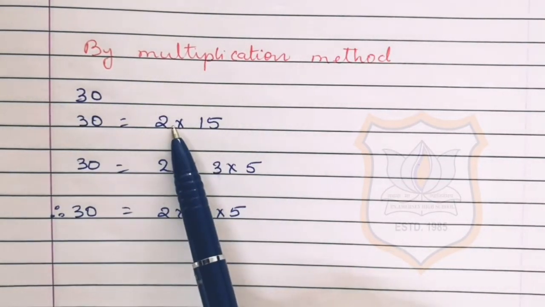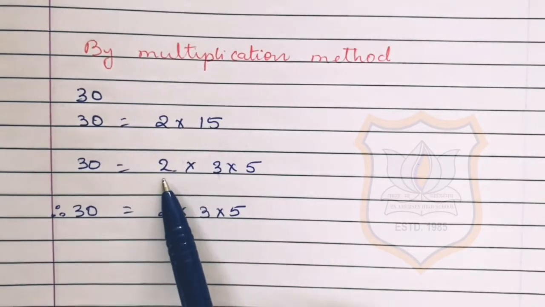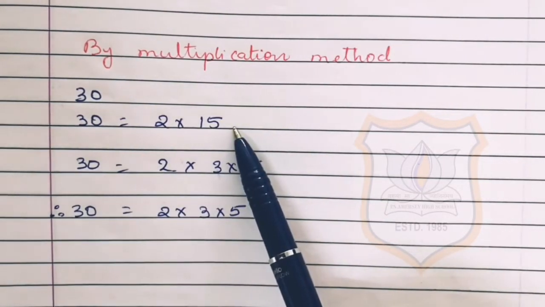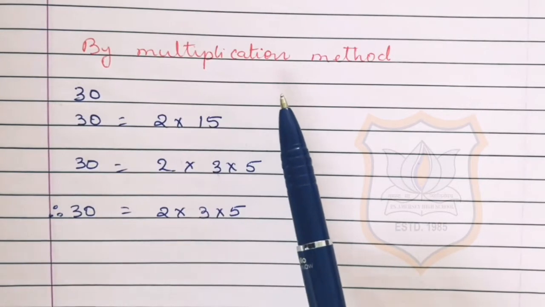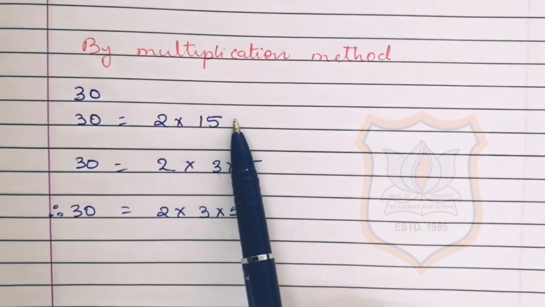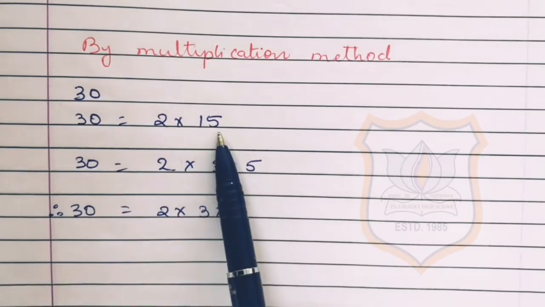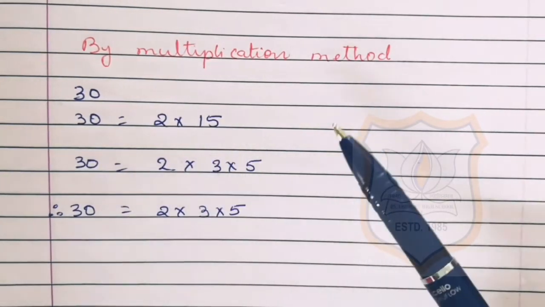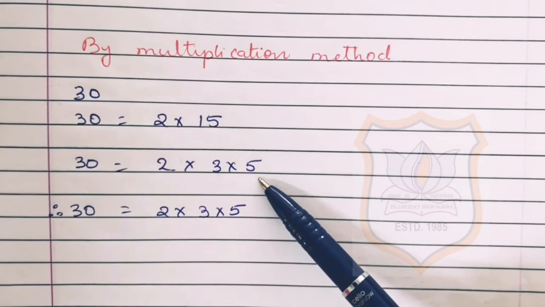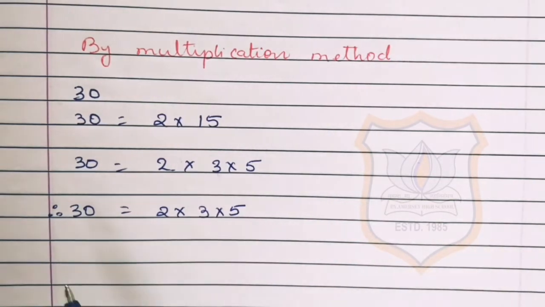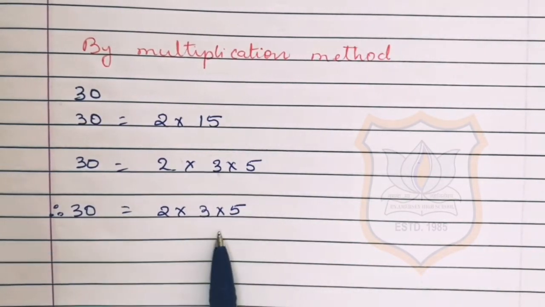As 2 is a prime number, we will write it as it is, and 15 is a composite number. We will expand the number, and in the place of 15, we will write 3 multiplied by 5, as 3 fives are 15. So now as you can see, 2, 3, 5, all these numbers are prime numbers. So now we get the prime factors of the number 30 as 2 multiplied by 3 multiplied by 5.